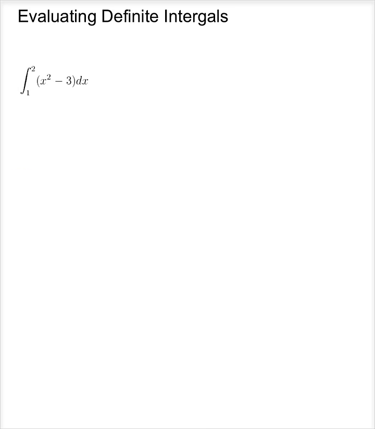So let's look at a couple. If I want the integral from 1 to 2 of x squared minus 3x, we already know that we can break this up so that this is equal to the integral from 1 to 2 of x squared dx minus 3 times the integral from 1 to 2 of dx.